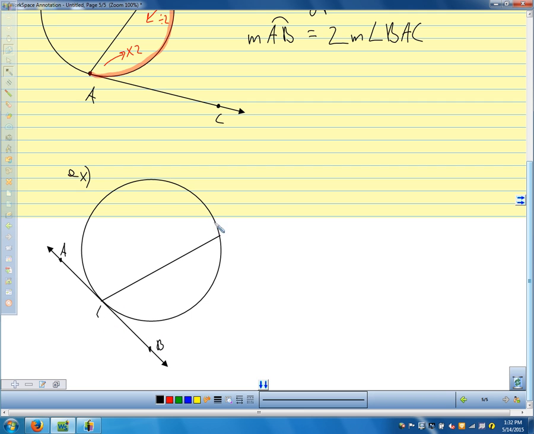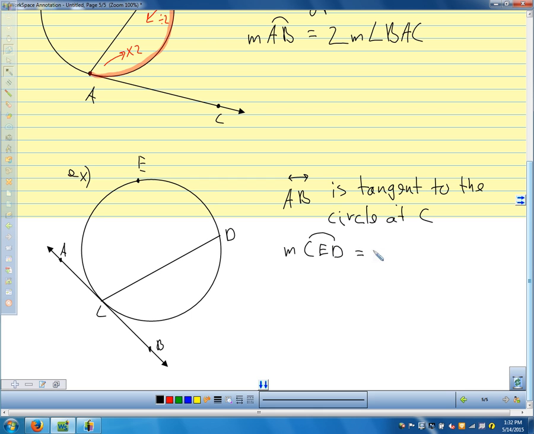We'll call this C and point D, and I'll call this point E. I'm going to say that line AB is tangent to the circle at C. The measure of arc CED is 214 degrees.